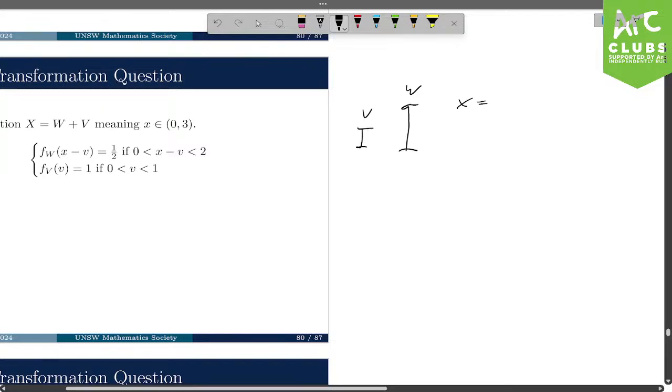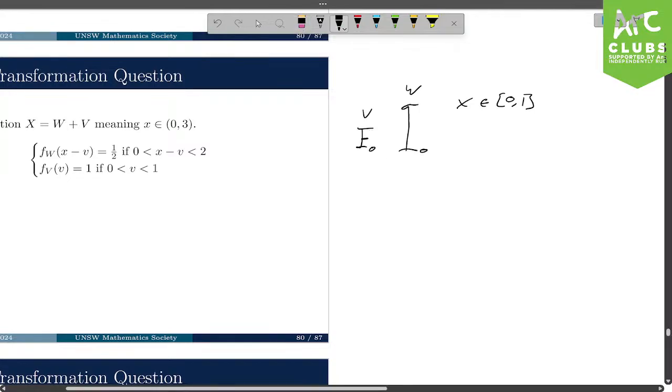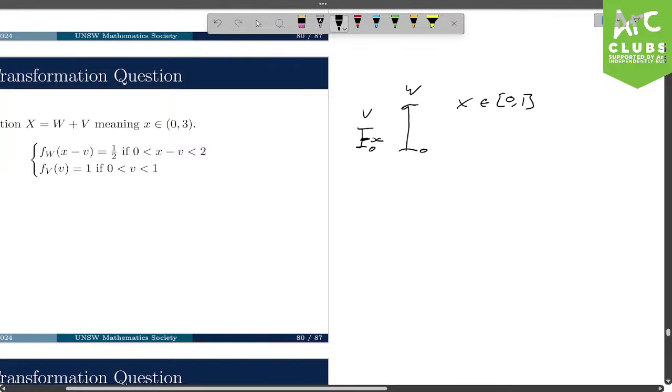So if X is an element from 0 to 1, I can use the entirety of V. There's no restrictions on it. Actually, no, that's not the case. Sorry. You can only go up to where X is, because these values, when you're adding them together, are always increasing. And so I can choose some value of V between 0 and X.